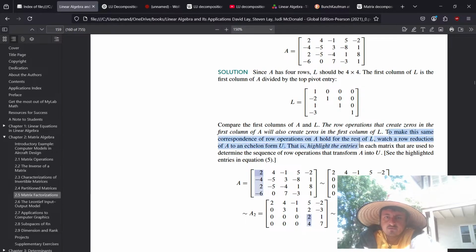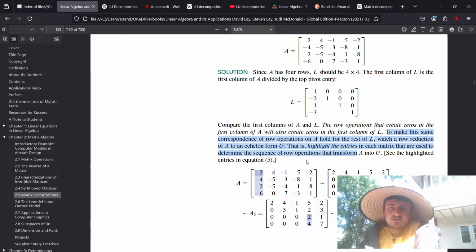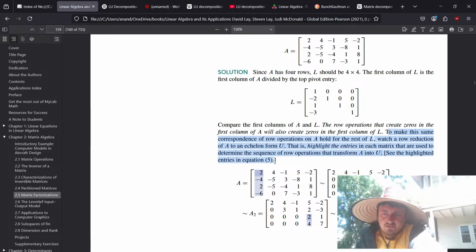To make this same correspondence of row operations on A hold for the rest of L, watch a row reduction of A to an echelon form U. That is, highlight the entries that are used to determine the sequence of row operations that transform A into U.